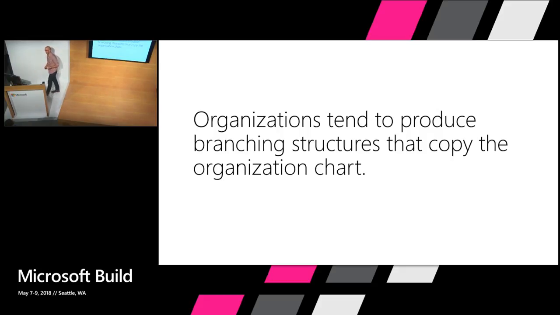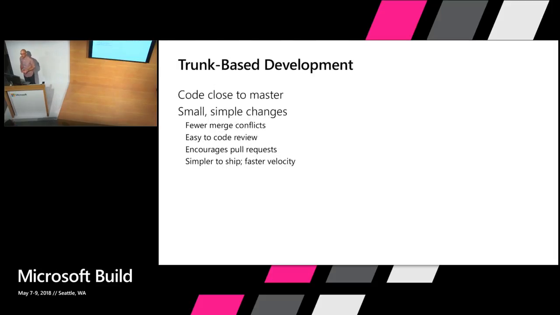What we now recommend on the VSTS team is a trunk-based development strategy. The idea is that you code in master or close to master, and you make small, simple changes and get them integrated into the master branch as quickly as possible.